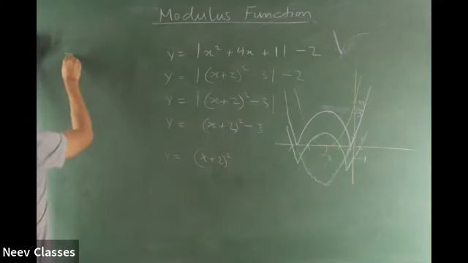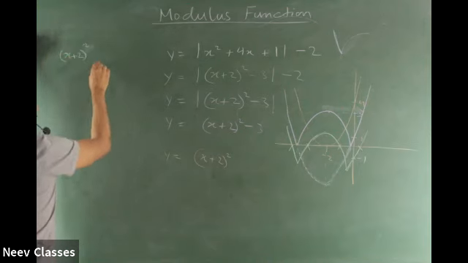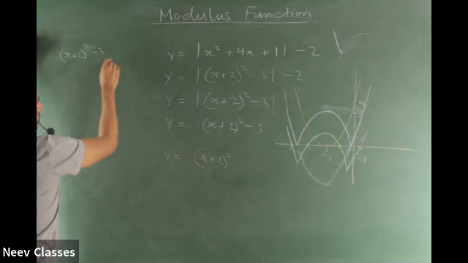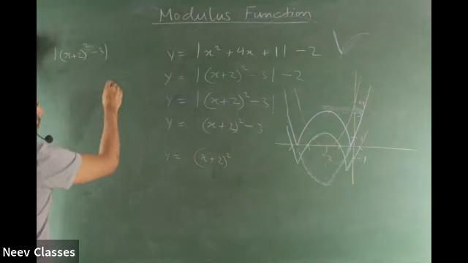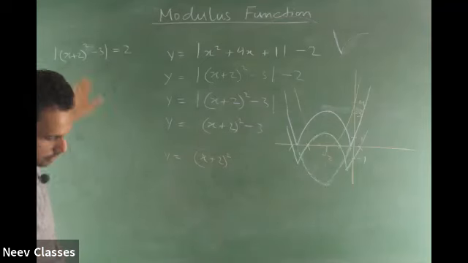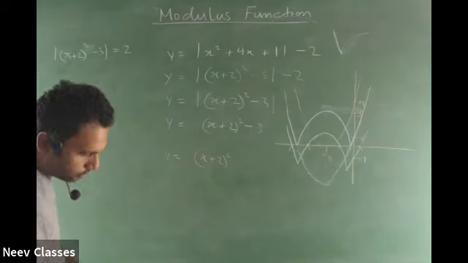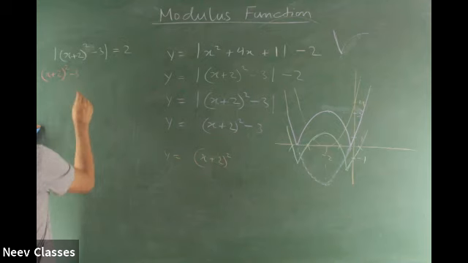What is that? Mod of X plus 2 whole square minus 3 is equal to 2, right? What does this mean? This means 2 things. X plus 2 whole square minus 3 is equal to 2.